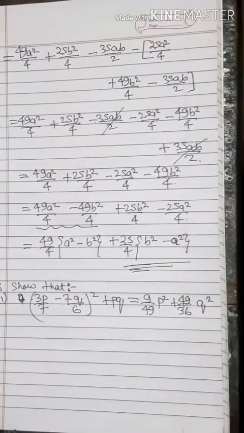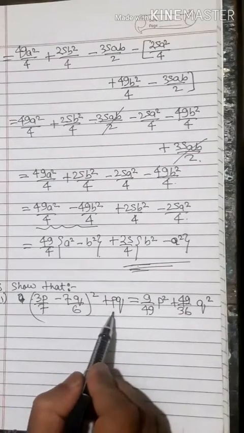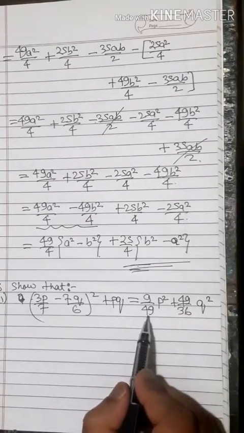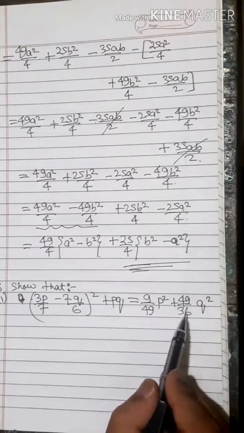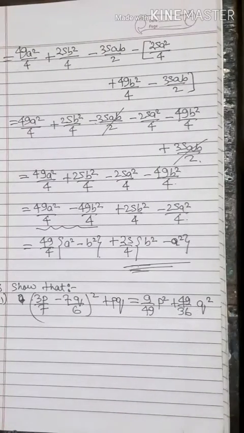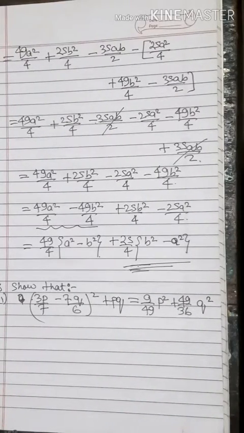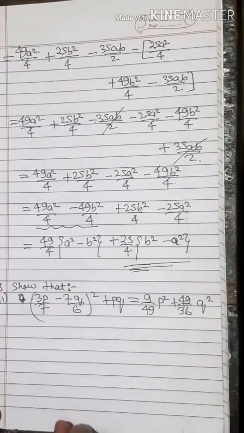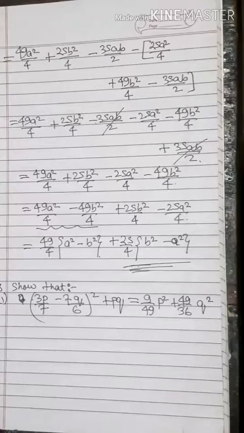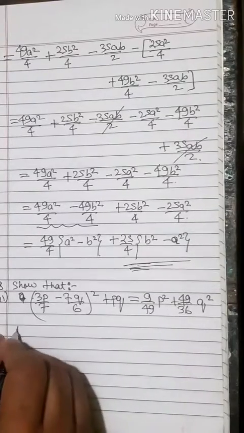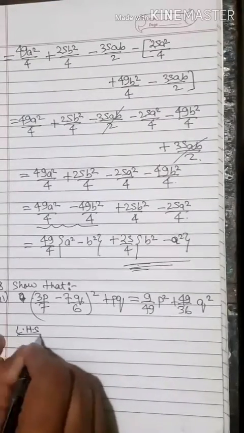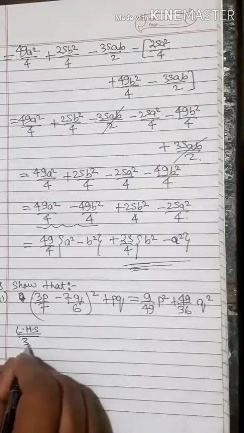That means you need to show that after solving this part you will get 9 by 49 p square plus 49 by 36 q square. As we do in all the rest of the prove that questions, we'll start from the left hand side, we'll start solving, and let's see whether we arrive at the right hand side or not. So we take the left hand side. So what is our left hand side?